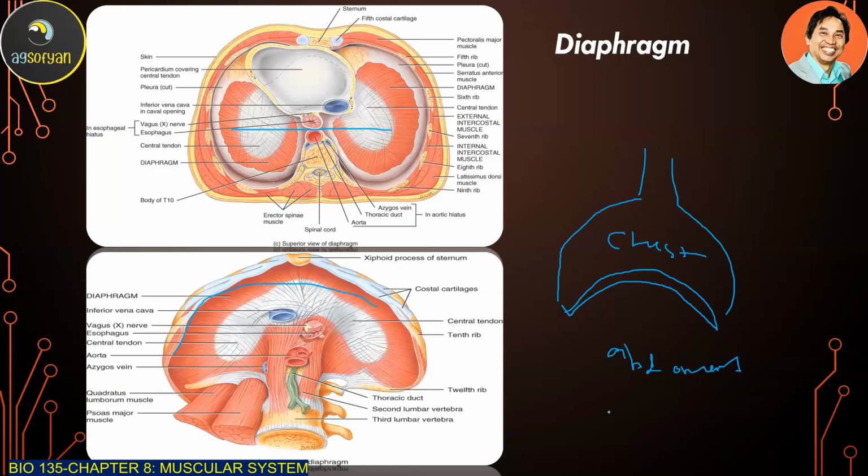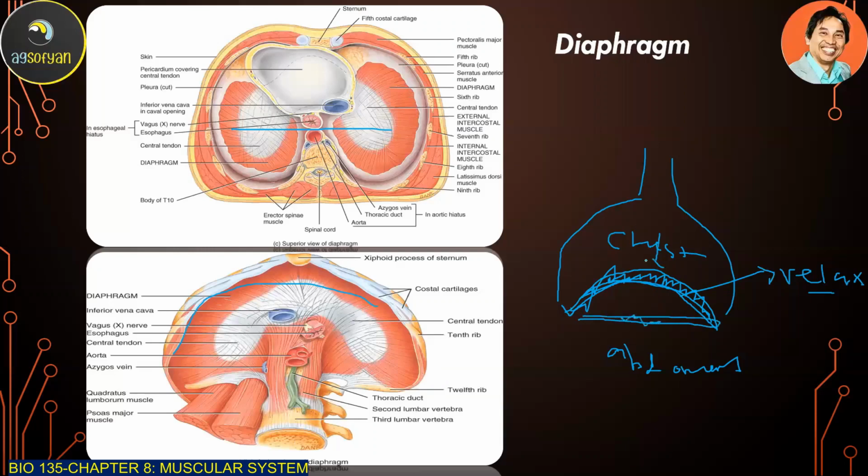Okay, so we'll continue. So this diaphragm muscle looks like an umbrella. So when it is relaxed, it's actually curved like an umbrella over here. When it is contracted, it's actually going down, become flat.